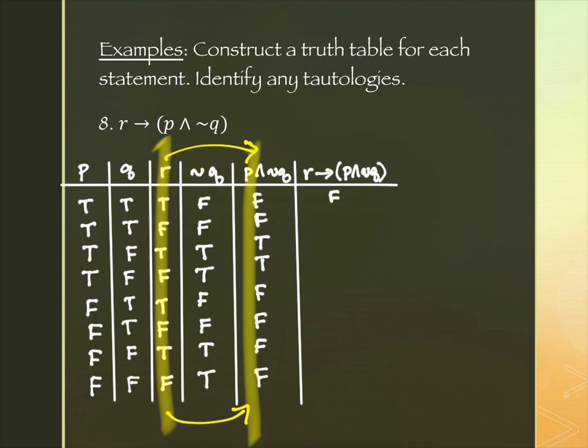Line 2 is false implies false. That's true. Line 3 is true implies true. Line 4 is false implies true. True. Line 5 is true implies false. Line 6 is false implies false. Line 7 is true implies false. And line 8 is false implies false. Is this a tautology? No. Not a tautology.